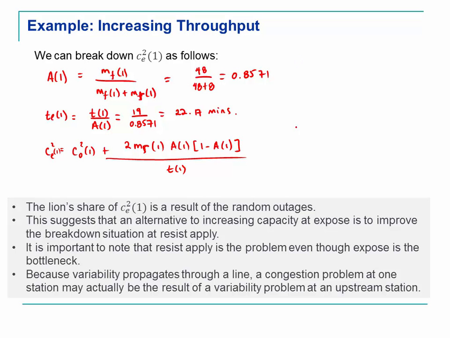And this is going to be equal to 0.25 plus 2 times 480 times 0.8571 times 0.1429 divided by 19, and this is equal to 6.44.